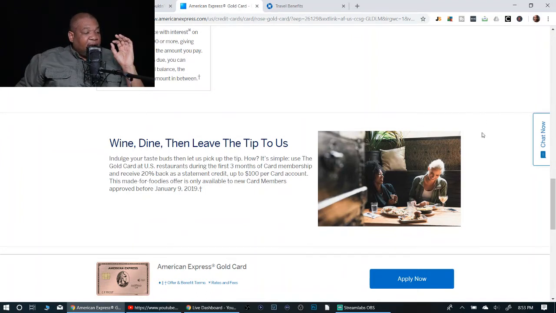Now, I will say I am not an expert when it comes to credit cards. I'm not a financial advisor or anything like that. And the way that I go about credit cards, charge cards are all the same to me. I pay them off every 2 weeks, so I never carry a balance. And the reason that I do that is because these are travel cards, and you can earn points with these cards.